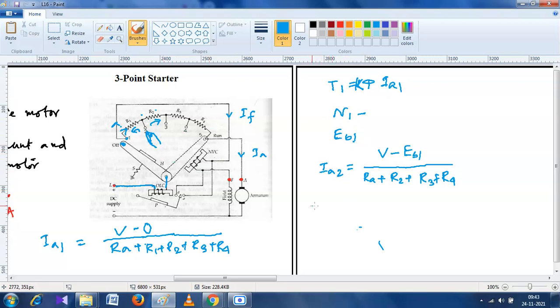So due to this current, there is an increment in torque, so the speed will increase more, and the value of back EMF also increases.